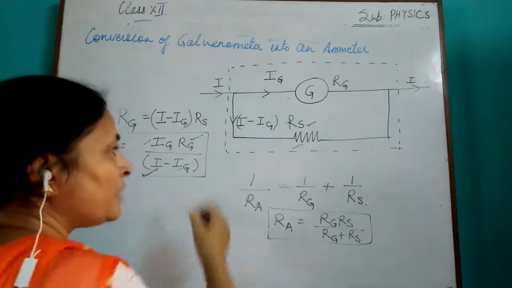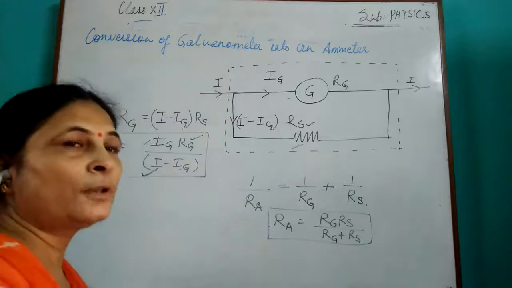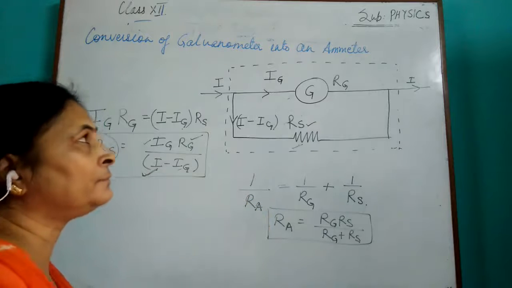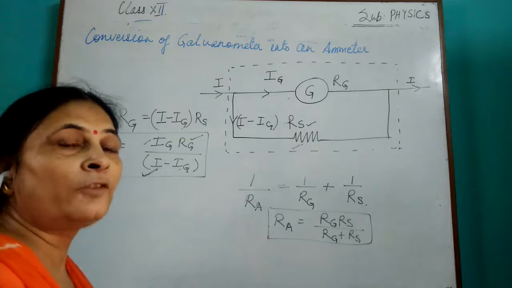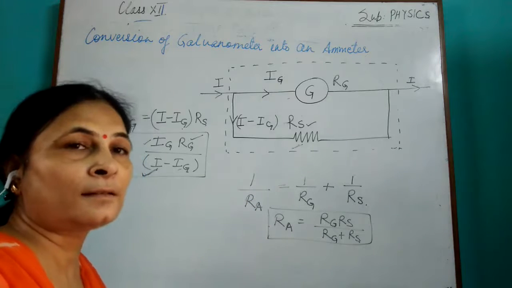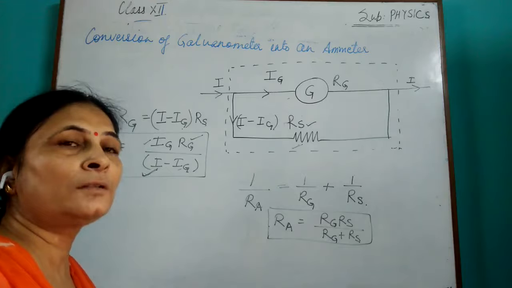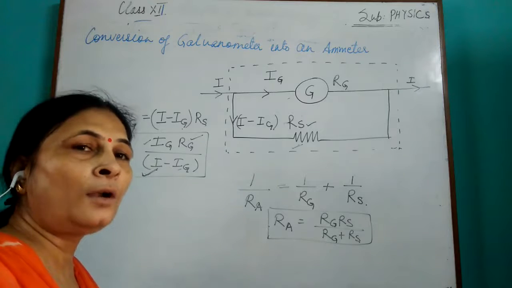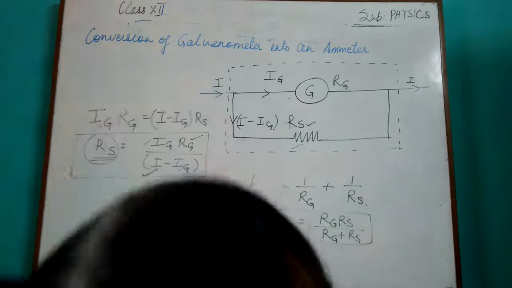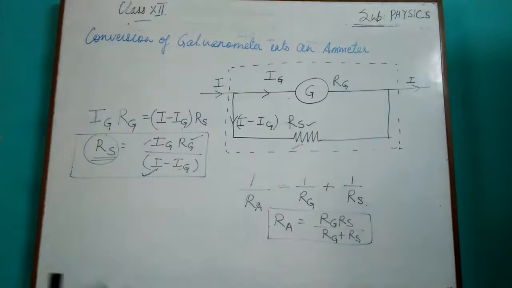So from this explanation you might have understood what shall happen in a voltmeter. It will be a high resistance in series, and that combination will be a voltmeter. So I think this might have been understood.